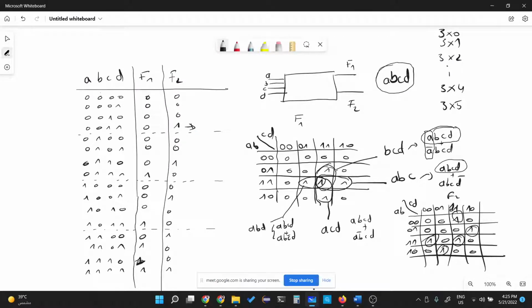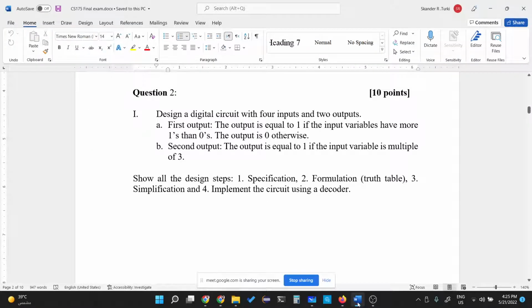Yes, you have the decoder. Do we have the information about the decoder? Implement the circuit using a decoder. We don't have any information about the decoder.